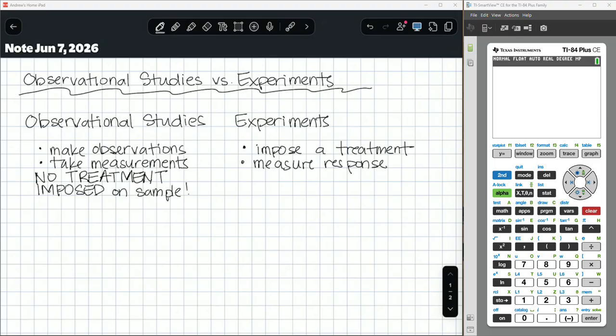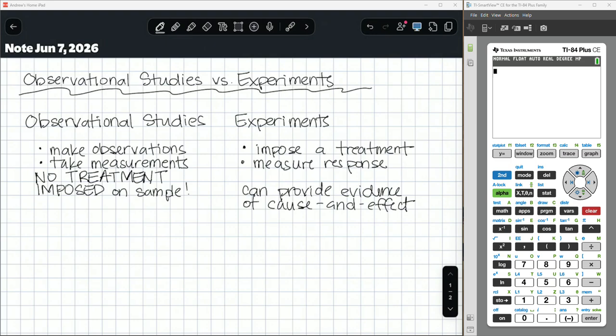And what experiments can do that observational studies cannot do is that experiments can provide evidence for cause and effect. Observational studies can support or provide evidence for a relationship between two things, but not a cause and effect relationship between two things.